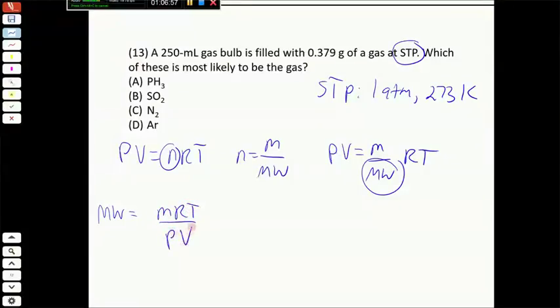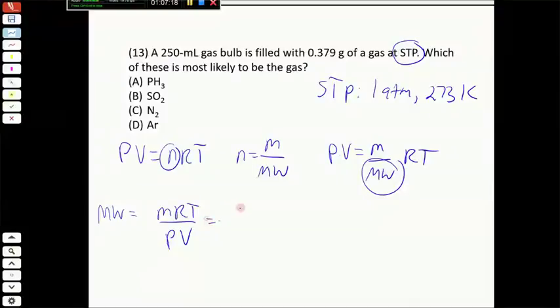This is very similar to the density equation. We could have also just calculated the density using the mass and the volume and put that into the standard form of the density equation, but we could also just start with this form of the equation, rearrange it, whatever you're more comfortable with. So we rewrite the ideal gas equation in terms of mass and molar mass, and then we solve for what the molar mass would be, and that's what we get.